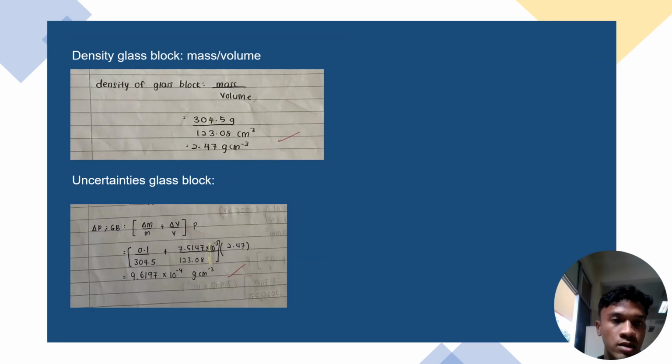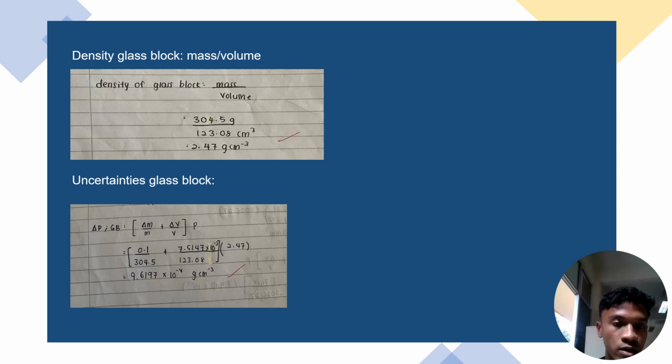For the density of the glass block, we're going to use the same formula, mass over volume. So 304.5 gram divided by 123.08 centimeter power of 3, we got 2.47 gram centimeter power of negative 3. For the uncertainties, we're going to use the same formula.